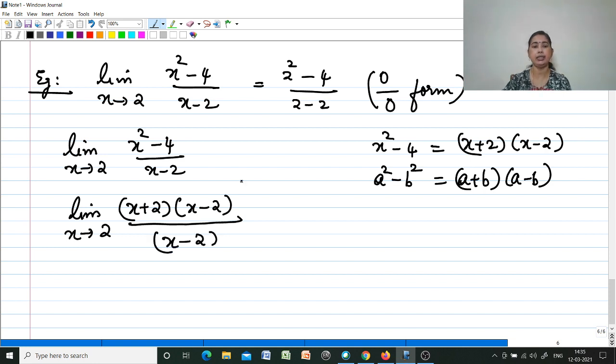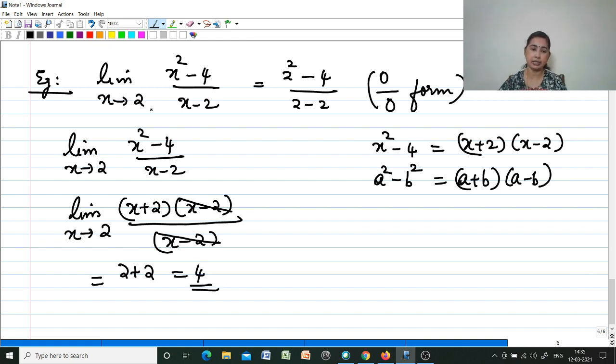Now we can see that in the numerator and denominator x minus 2 is common. So I can cancel this x minus 2. This is called factorization and simplifying. Now when x tends to 2, we are getting the answer as 2 plus 2, that is equal to 4.